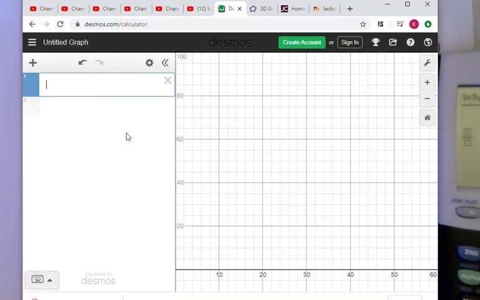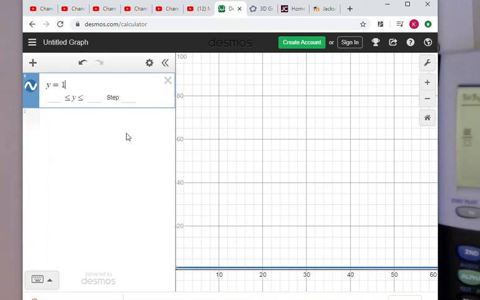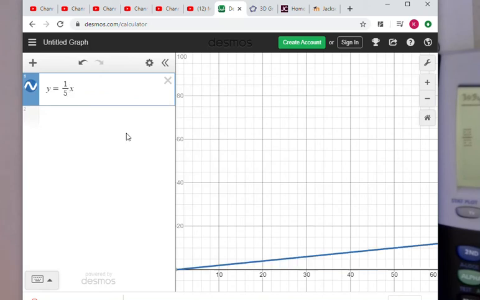And I'm going to go ahead and put in y equals the left-hand side, which was 1/5 x. And then also y equals the right-hand side, which was the log. Whoops, I didn't put my y equals in there.